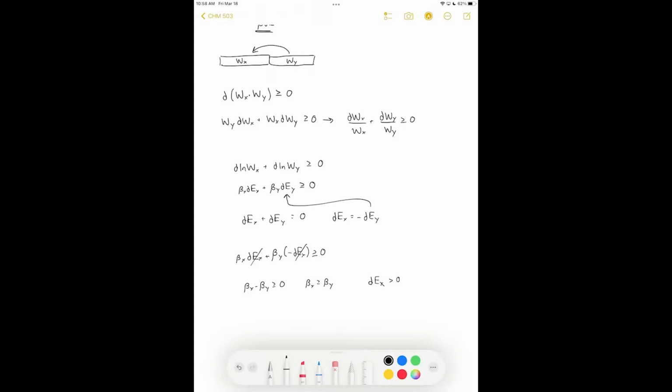Well, if energy is flowing from y to x, the temperature of y must be larger. So we can say that the temperature of y is greater than or equal to the temperature of x in this case. For both of these statements to be true, for beta x to be greater than beta y and Ty to be greater than Tx, they must be inversely related.